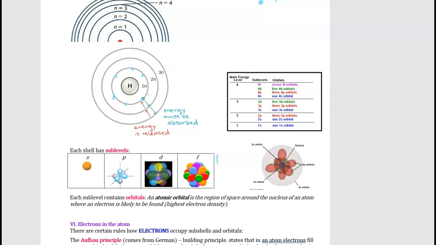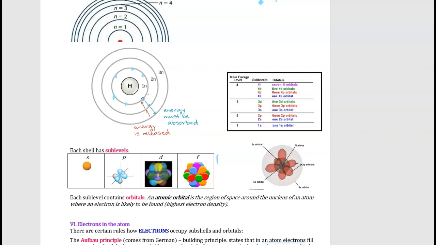If an electron has a certain amount of energy, it's likely to be found on a shell with this energy level. That's why physicists and chemists introduced the idea of an orbital instead of orbits. So each subshell contains orbitals.